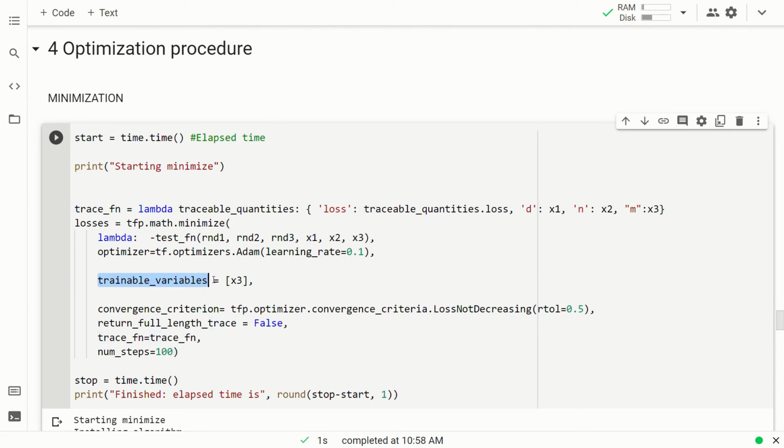Okay, going forward, I declared that the optimizer is Adam with a learning rate of 0.1. Now I think Adam is one of the most used optimizers in machine learning, so that's why I used it. Here I'm declaring the variables that need to be trained. In this case, I'm declaring that only x3 will be trained. X3 is my m, my multiplying factor. Why only x3? Well, I have to admit that I tried to optimize more than one variable, but it didn't work well.